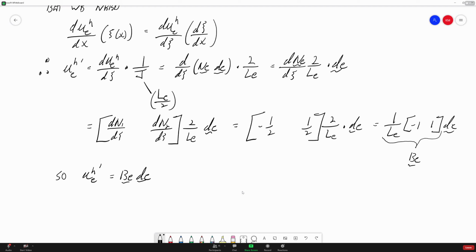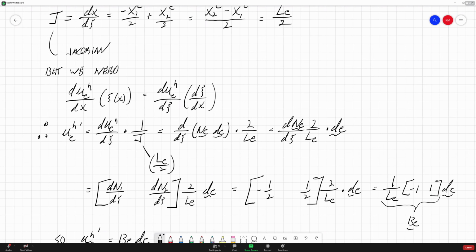So for this particular case, we have the derivative of our shape function with respect to psi for the first node, or shape function number 1. And then the second term, we have the derivative of our second shape function with regards to psi. And that's times 1 over the Jacobian.